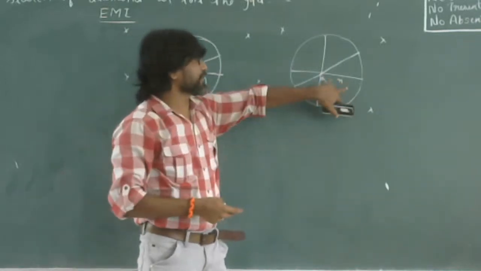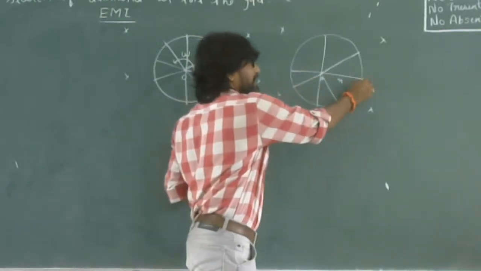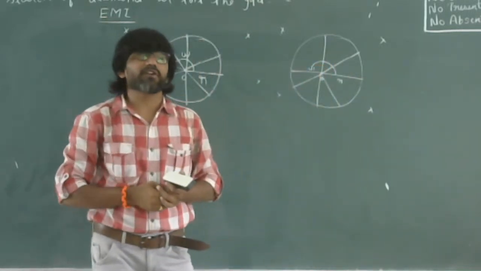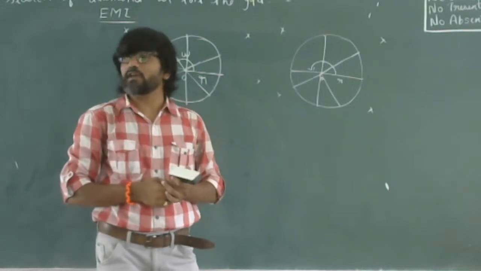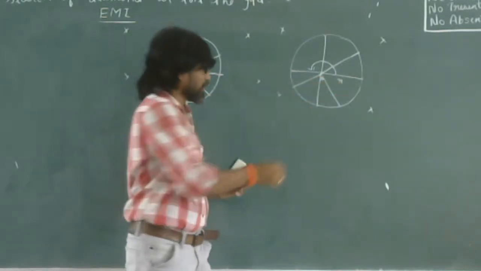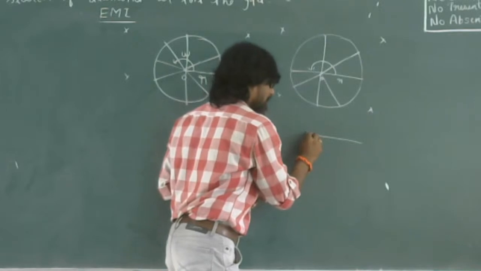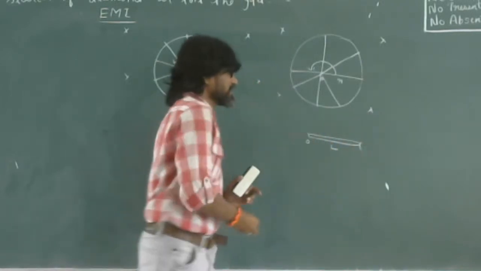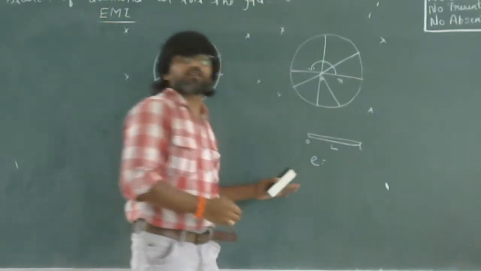Then EMF is induced across this when it is rotating in this direction. What is the induced EMF in case of a rotating rod? This is a rod of length L, from 0 to L. Then what is the EMF induced, and hence induced current in this?